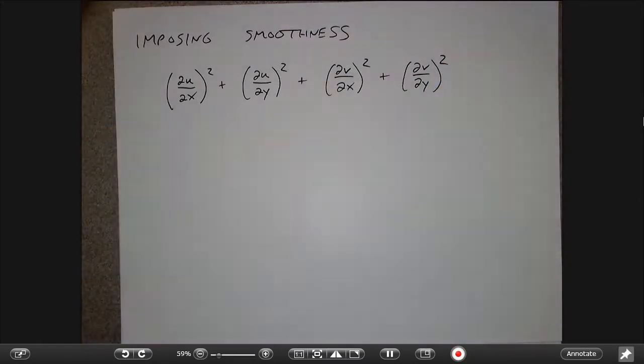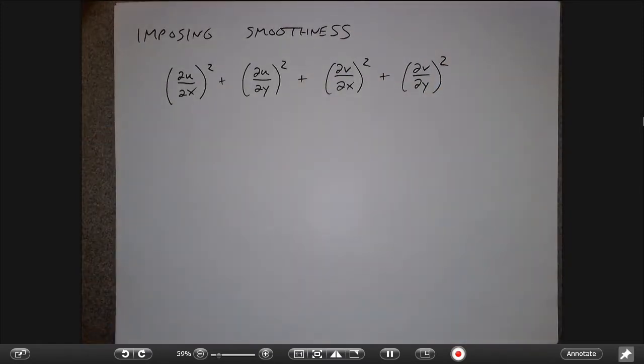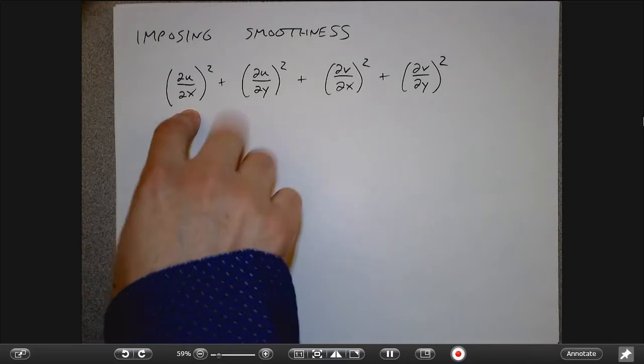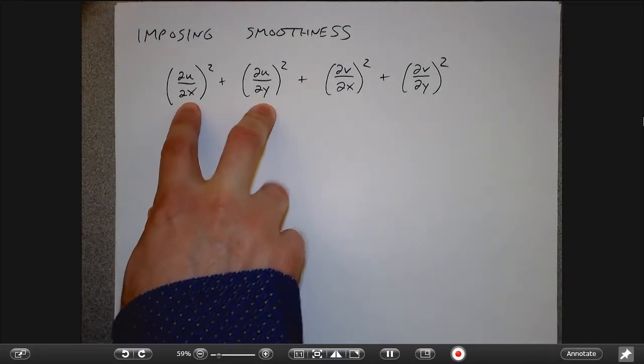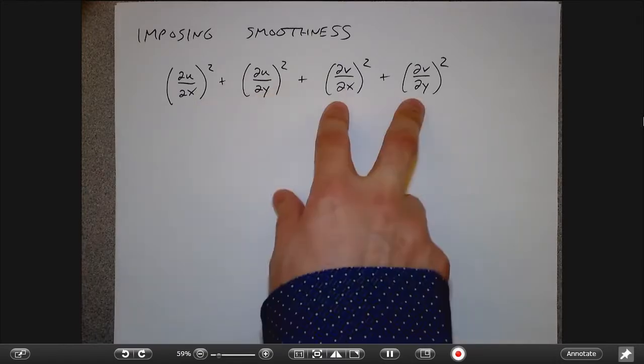Right? So again, what I'm estimating for optical flow is, for every pixel, a UV direction. So it's like saying I have a vector field over the domain of the image. And this is saying: what is the change in the U values in X and the change in the U values in Y, and the same here.